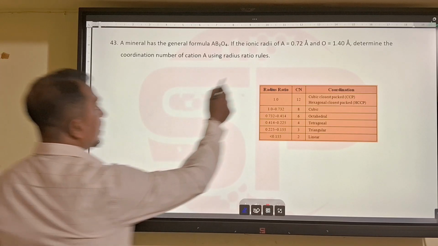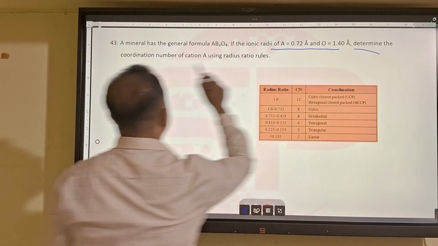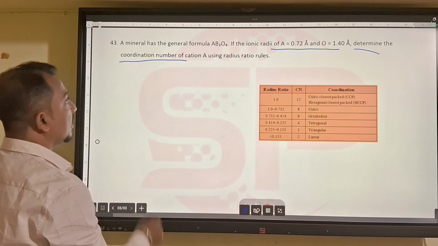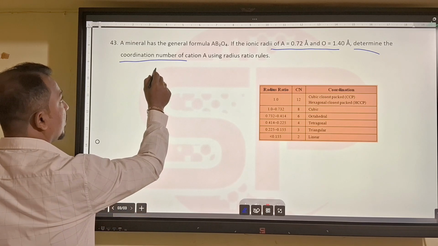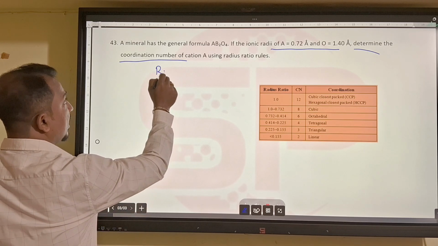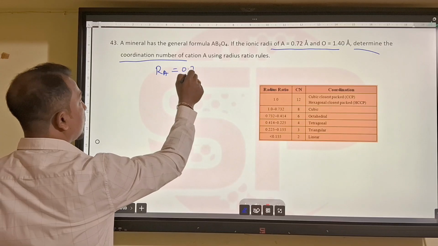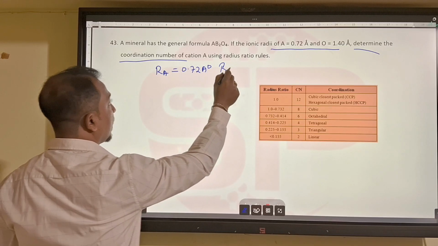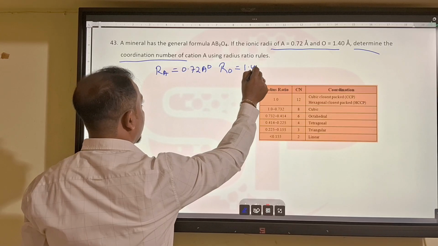Here the radius is given, and you have to determine the coordination number of the cation A. The radius of cation A is given as 0.72 angstrom. The radius of anion O is given as 1.40 angstrom.